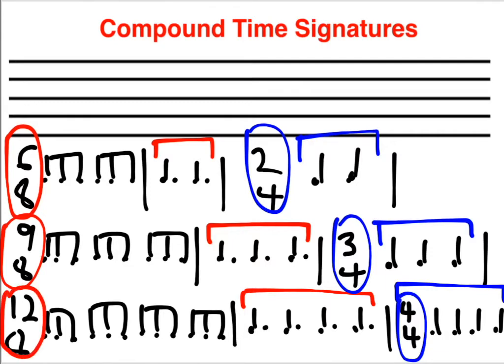Okay, because 2/4 is 2 beats per bar, 6/8 is 2 dotted crotchet beats per bar. 3/4 is 3 crotchet beats per bar, whereas 9/8 is 3 dotted crotchet beats per bar, and 4/4 is 4 crotchet beats per bar, whereas 12/8 is 4 dotted crotchet beats per bar.